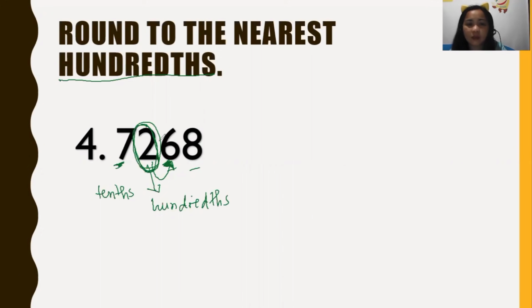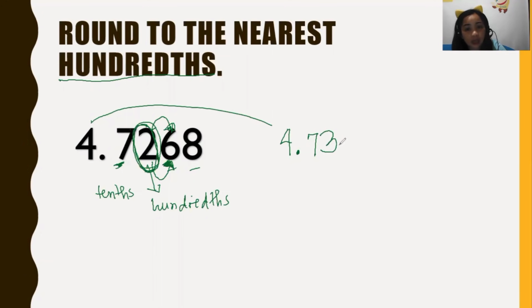So, kapag ang katabi mo ay, if the number to the right of the digit to be rounded is 5, 6, 7, 8, and 9, it is round up. When you say round up, add 1 to the digit to be rounded. And then, kopyahin mo muna si 4, si decimal number, si 7, and then 2, round up, magiging 2 plus 1 becomes 3.